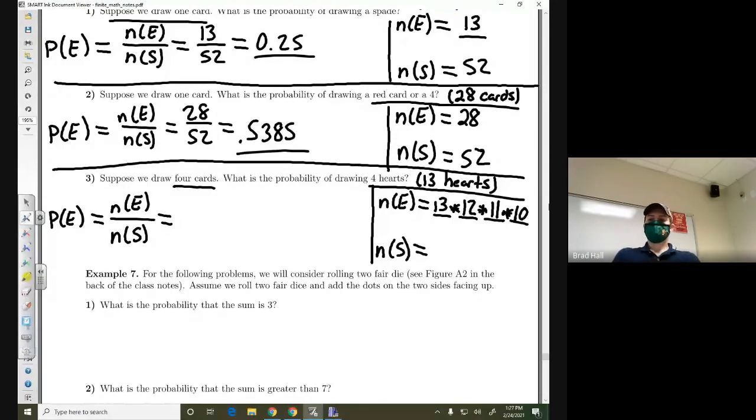Now, with that, we need to figure out the total number of options. So we ask ourselves, okay, how many dashes do we draw? We're still drawing 4 cards. The only restriction is that instead of 4 hearts, it's just 4 cards.